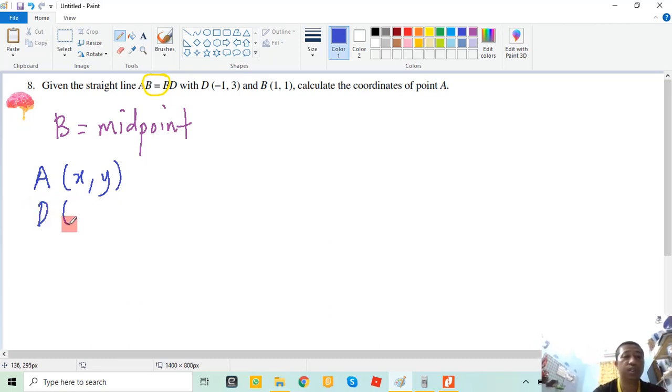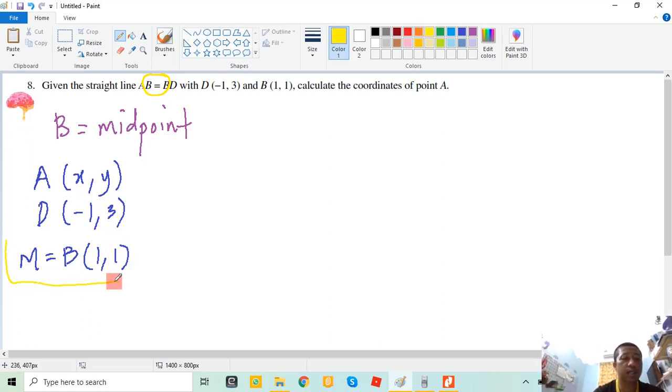Point D is (negative 1, 3). And then the midpoint is point B. What is the coordinate of point B? Point B is (1, 1). So you need to highlight the midpoint so you're not mistaken.